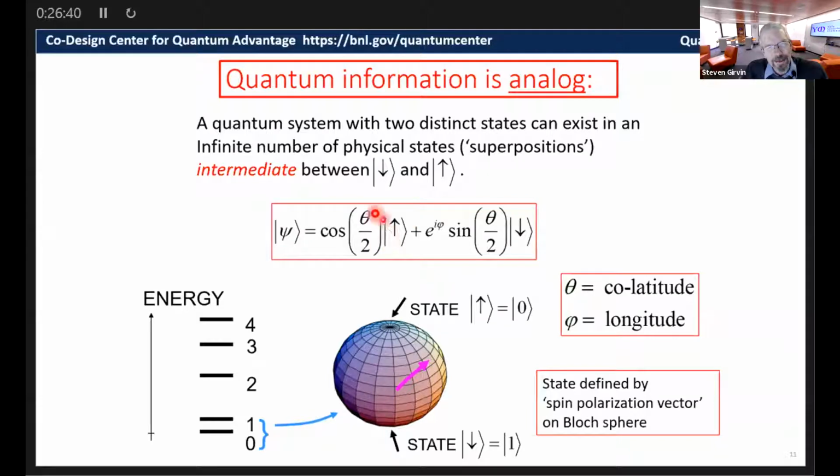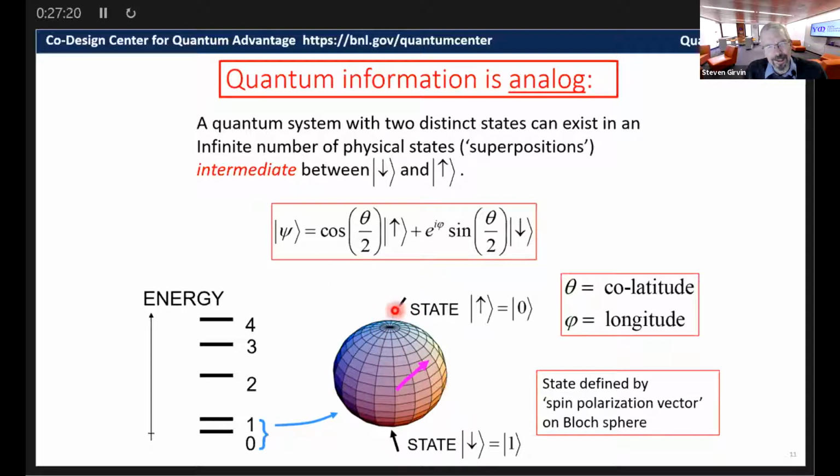There are 2 complex numbers called probability amplitudes in front of these. And in the end, you can take 1 to be real. So in the end, there are really only 2 real parameters, this angle theta and this angle phi. You can associate with every quantum state a unit vector, a so-called spin polarization vector. It may or may not have anything to do with the spin of an electron, say. And theta is the colatitude, and phi is the azimuthal angle here.